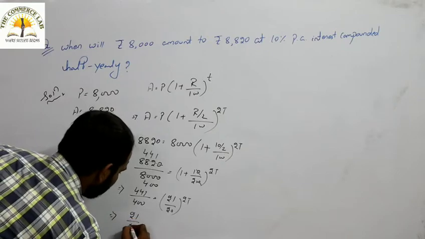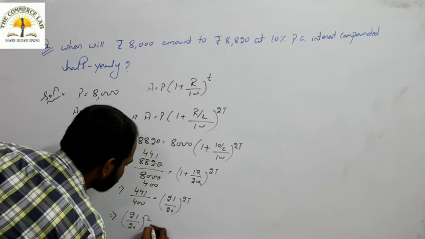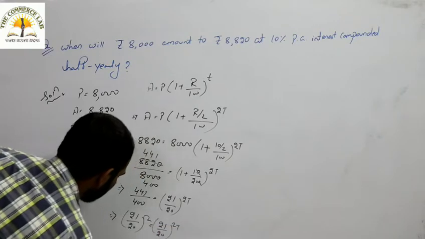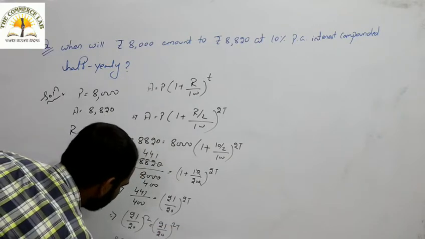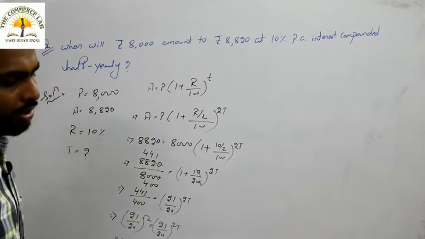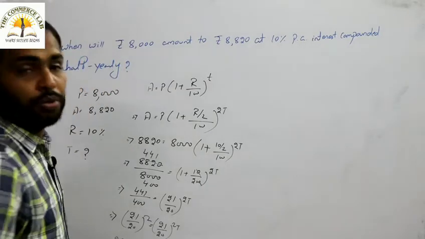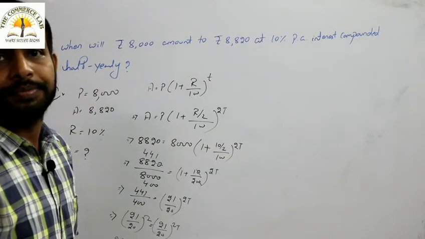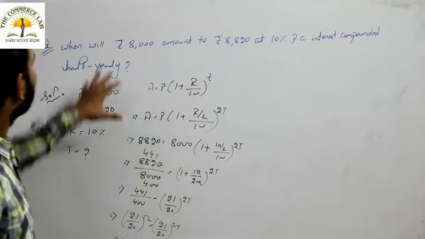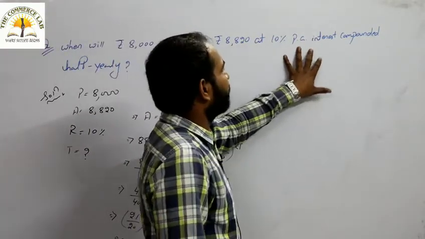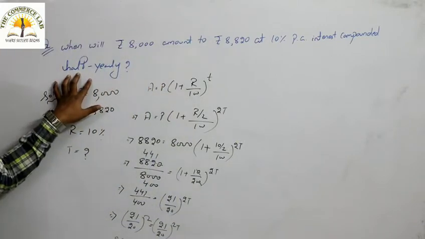This one is your 21 by 20 squared. So 2T equal to 2. So T is your 1. Fine.